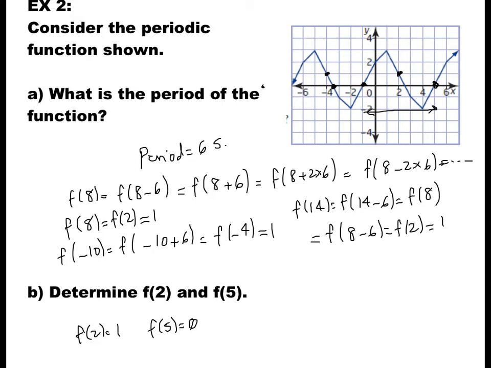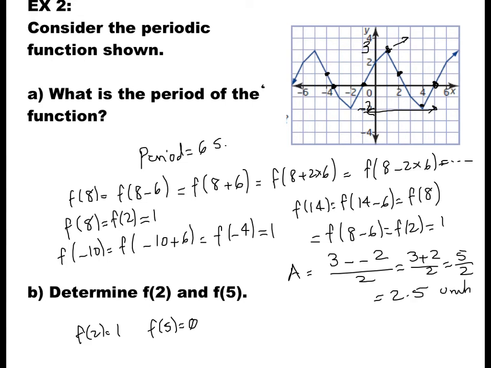You can easily see that the maximum here, this point, has the y value equal to 3, and the minimum here has the y value equal to negative 2. So the amplitude is max minus min divided by 2, which is 3 plus 2 divided by 2, which is 5 divided by 2, which is 2.5 units.